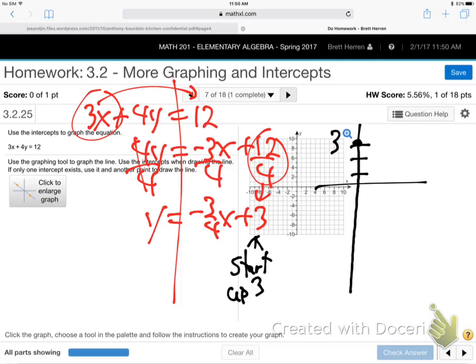Up 3, there's my first dot. And then rise over run. Where does that negative go? Down 3. So I'm going to go down 3, 1, 2, 3, all the way to 0, over 4. There's my dot. They're both on the grid lines, so MathXL's happy.